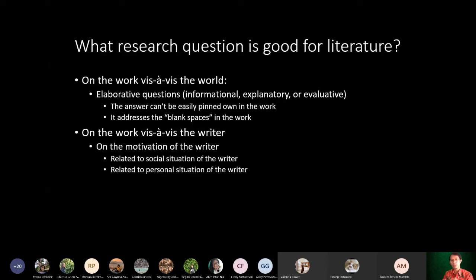So all of this eventually will help us in determining or explaining what the motivation of Matsuo Basho was when he wrote that short story.